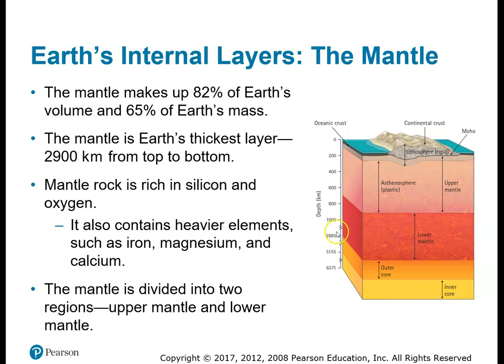And then, of course, the mantle ends at about 2,900 kilometers below the surface, and that's where the outer core is. And then, to get to the center of the Earth, it's just about 6,400 kilometers. All right, so that's quite a ways into the Earth.